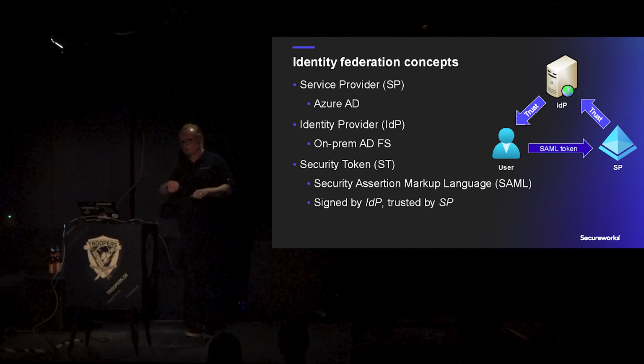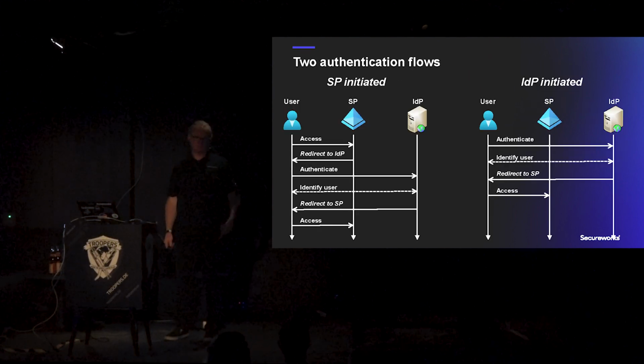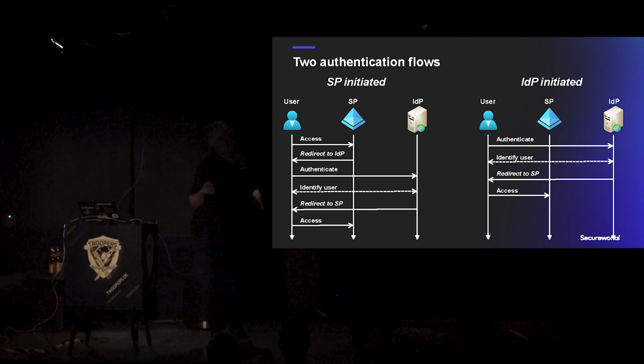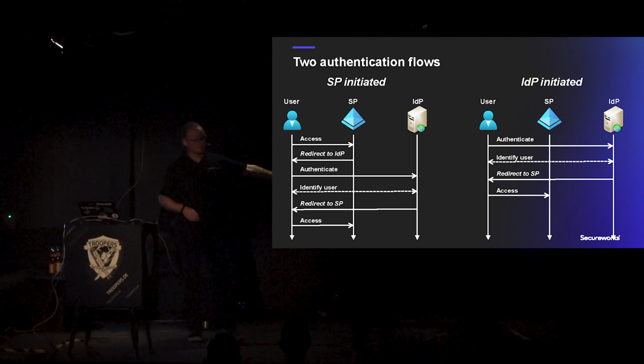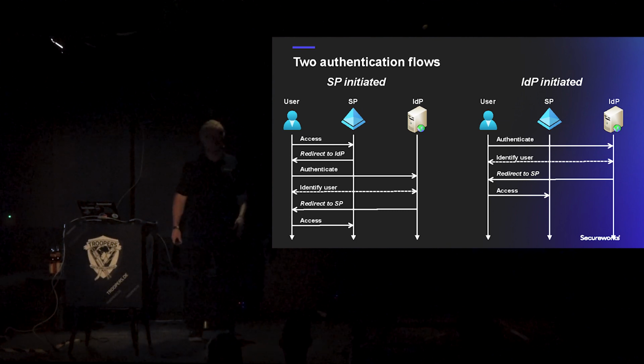If we look under the hood a little bit, we can see that there are two authentication flows. The first one is the so-called normal one. Let's say you go to your Office 365 email. You first access the service provider, and the service provider notices, okay, you are not logged in. Go and log in to your identity provider.